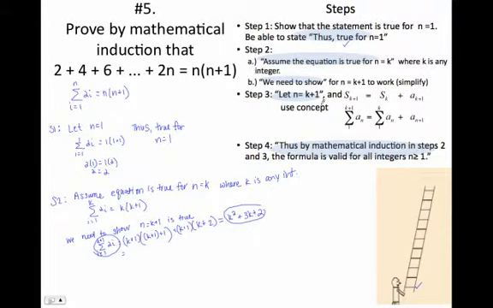Alright, and in step 3, we're going to use this right here, and again, sorry, I had a typo, this should be k. So what we're going to use is the concept of, well, the summation up to k plus 1 would be the summation up to k plus an extra a sub k plus 1, right? Because the summation of this a sub n up until k would be a sub 1 plus a sub 2 plus a sub 3 plus a sub 4 all the way up until a sub k, but we need an extra plus a sub k plus 1 if we're going to go not from 1 to k, but 1 to k plus 1.